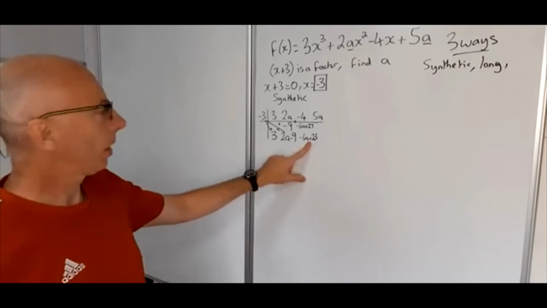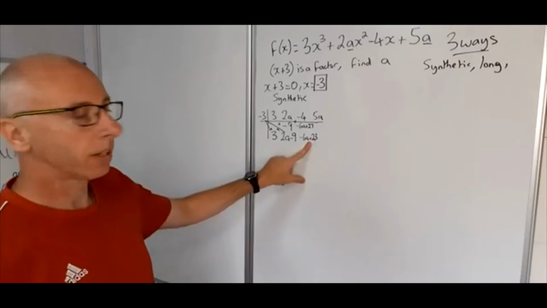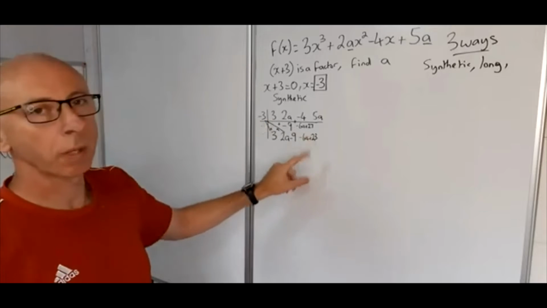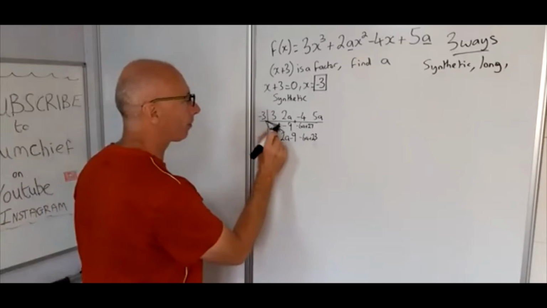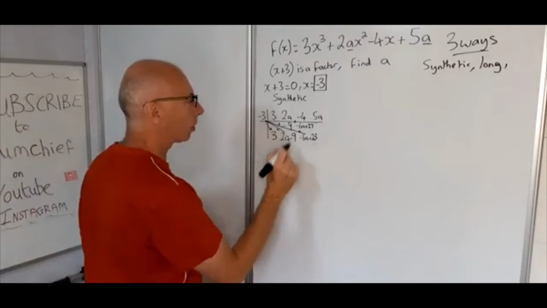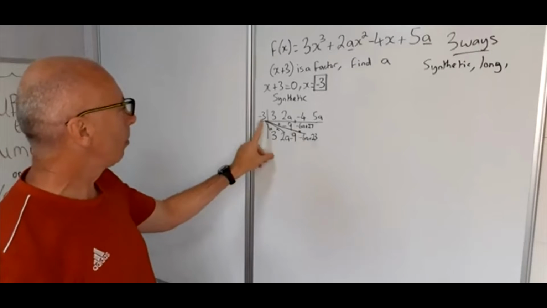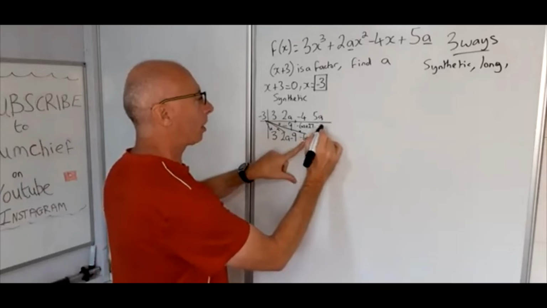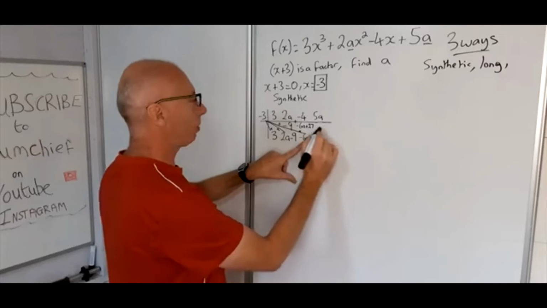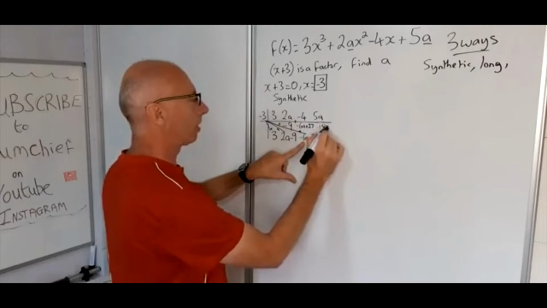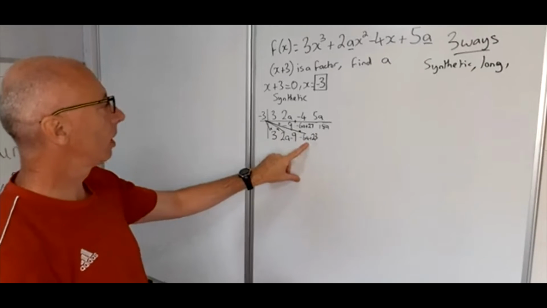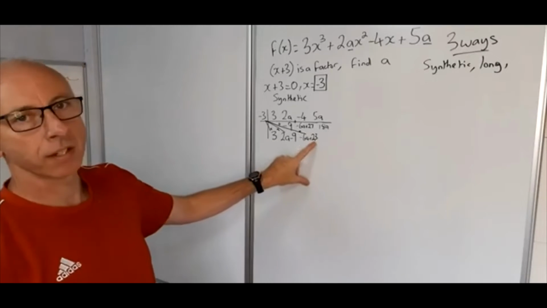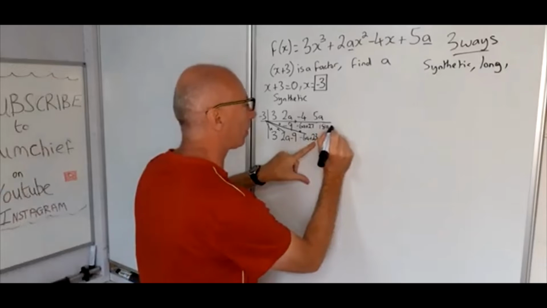Okay, so now again we multiply by the minus 3. So now multiply all these by minus 3. We've got 18a, minus 6 times minus 3, and 23 times minus 3 is minus 69.